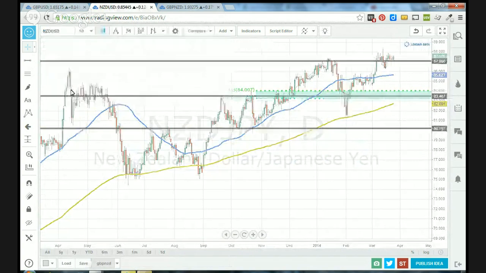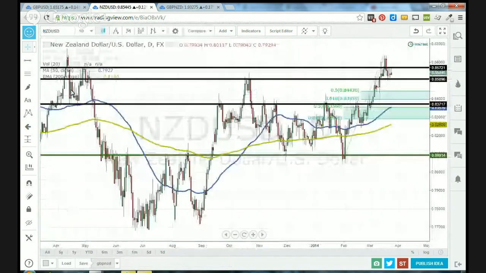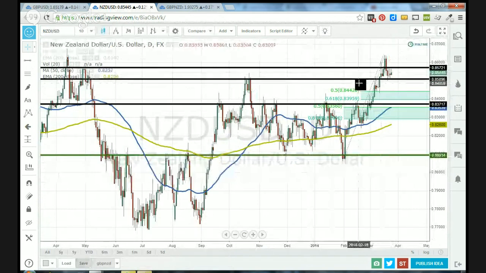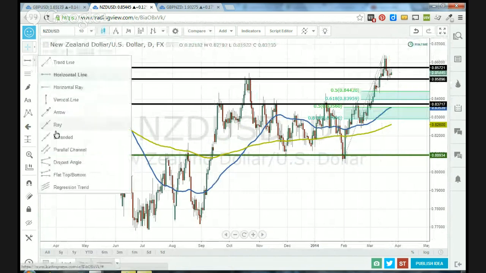And Kiwi dollar. Okay. This is a little interesting. Let's actually add a price channel here.